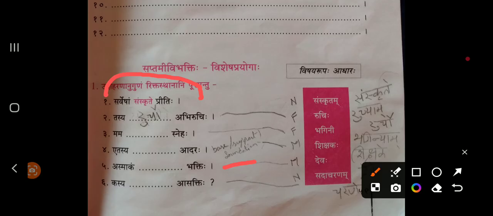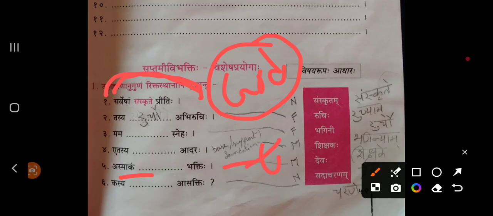Here it might not be the best possibility. Everyone will not like God, everyone will not worship God. But you know about yourself, right? So asmakam means we like God. I'm confident about myself. So that is the best answer.